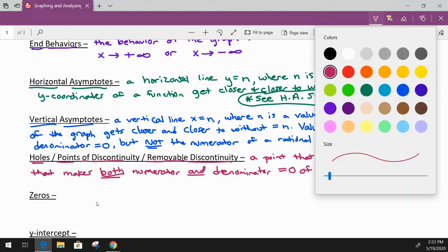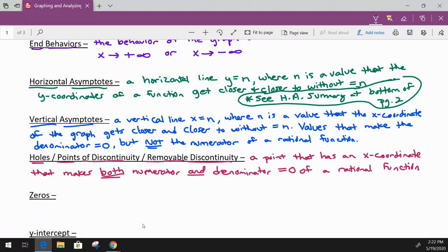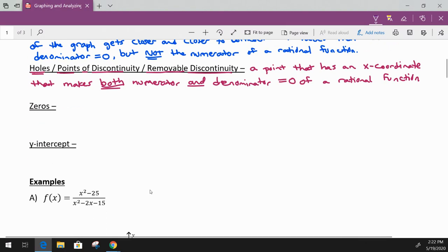Okay, zeros. Zeros are something that a lot of functions have, not all. Zeros are basically values of x that make the function equal to 0. However, since we're talking about rational functions, these are values of x that make the numerator equal to 0, but not the denominator.